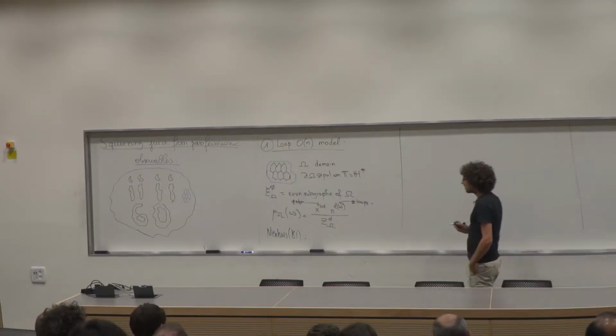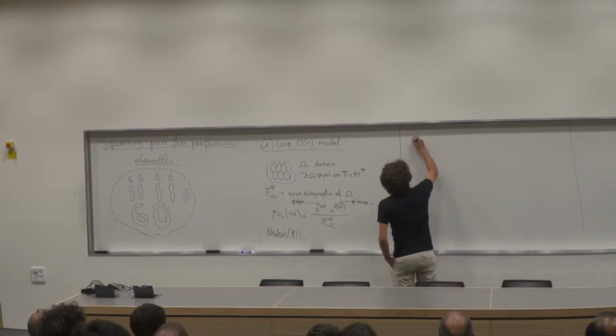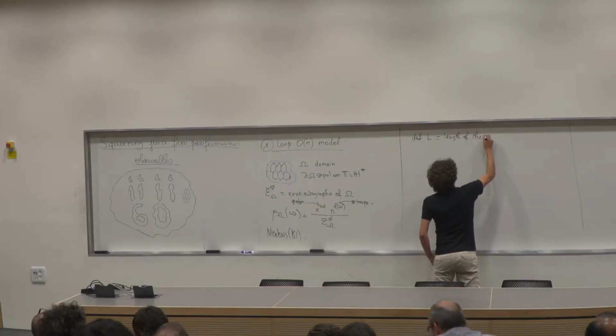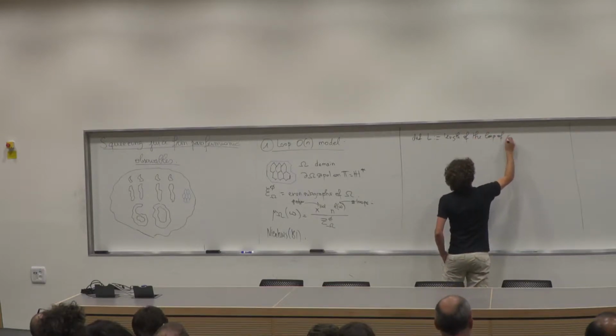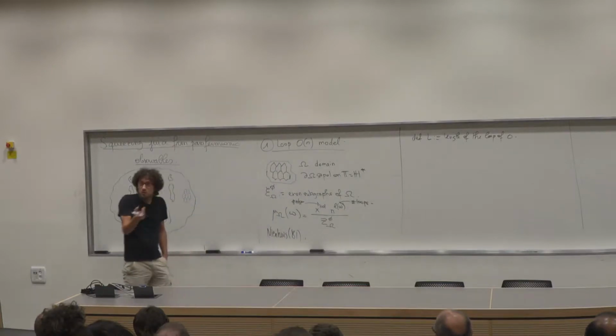So there is a conjecture for this model that it undergoes a phase transition like that. Define L to be the length of the loop of 0. There may be no loop at 0, in which case it's just a trivial loop of length 0.